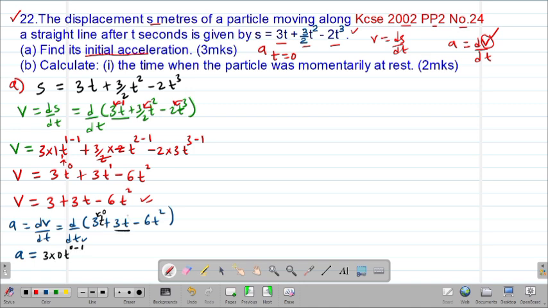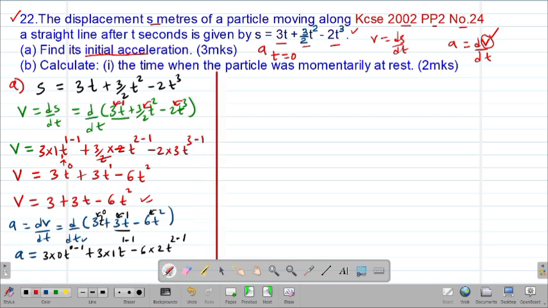Then the second term, it means it was power 1, so the 1 will pre-multiply the coefficient to give us a positive 3 times 1, t to the power of 1 minus 1. Then the 2 will pre-multiply the coefficient, so we'll have minus 6 times 2, t to the power of 2 minus 1. That is, we subtract 1 from the power.